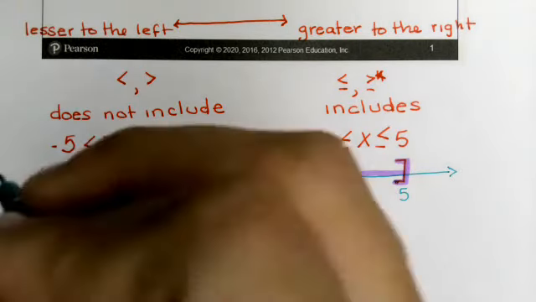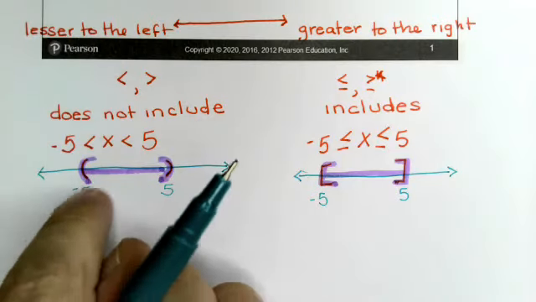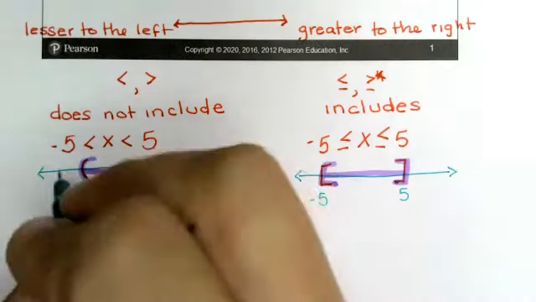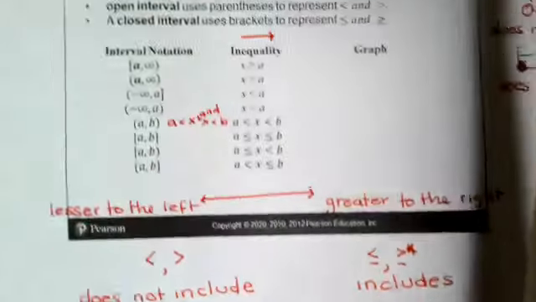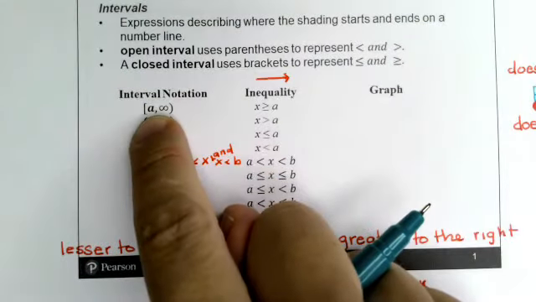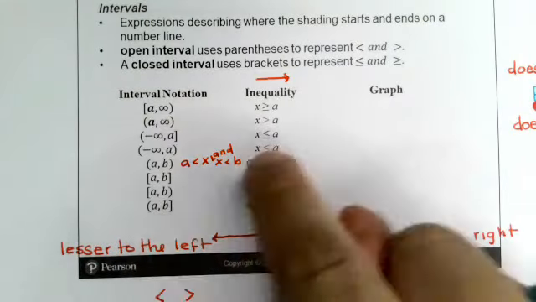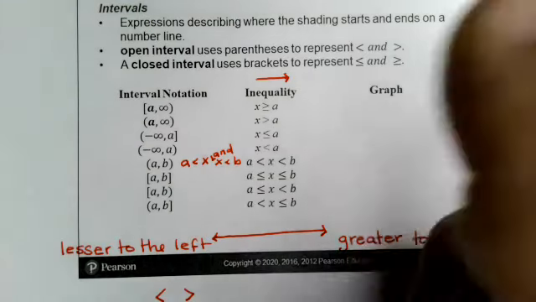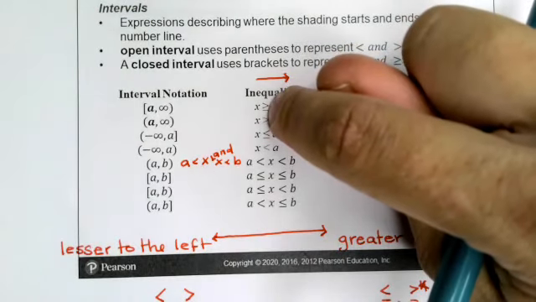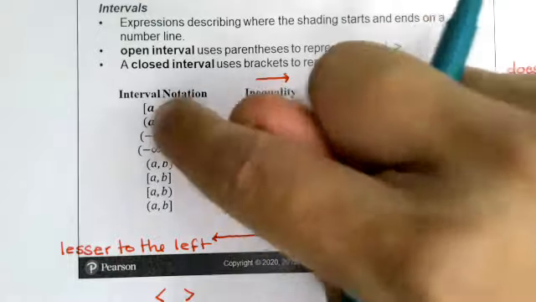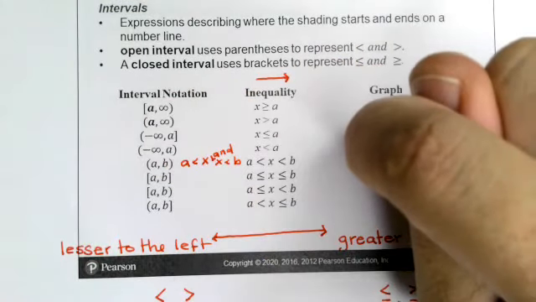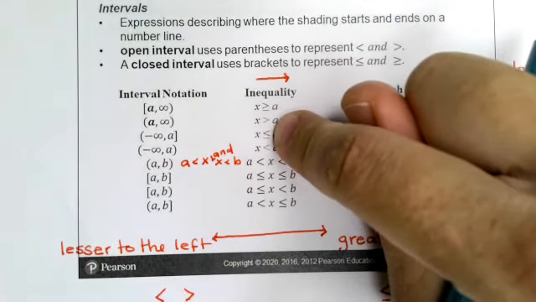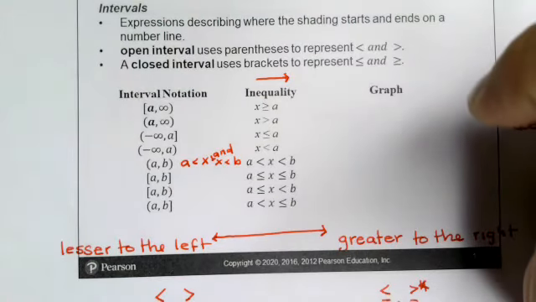And then interval notation follows the parentheses or the brackets. So interval notation up here uses the same brackets that graphing uses. So if it includes A, we use a bracket. If it does not include A, we use a parenthesis.